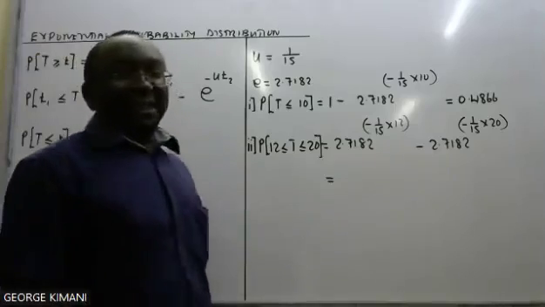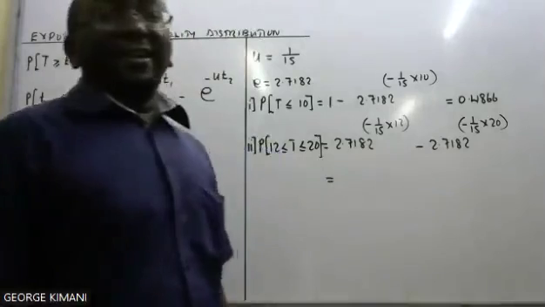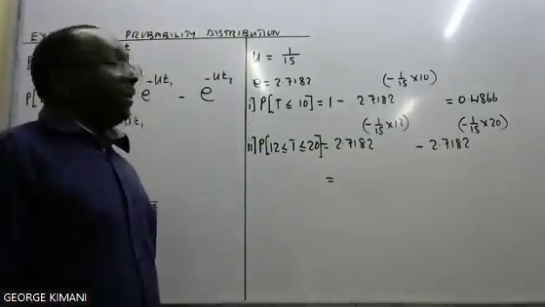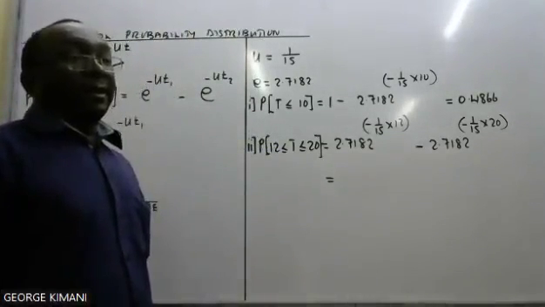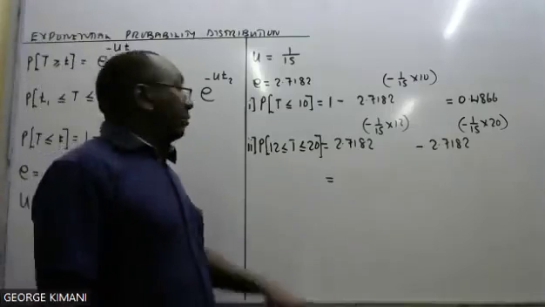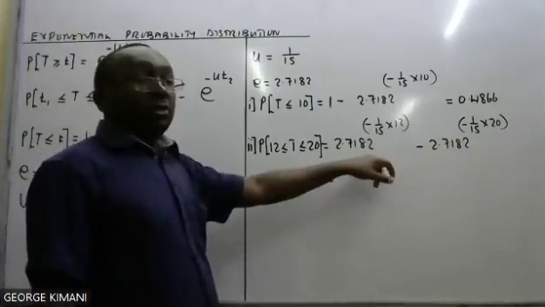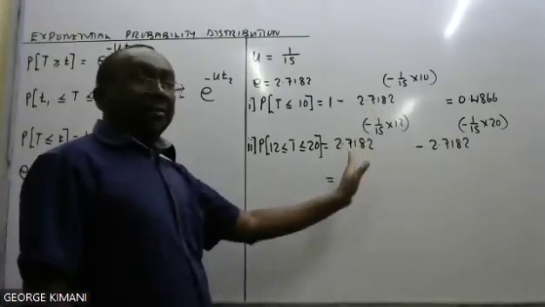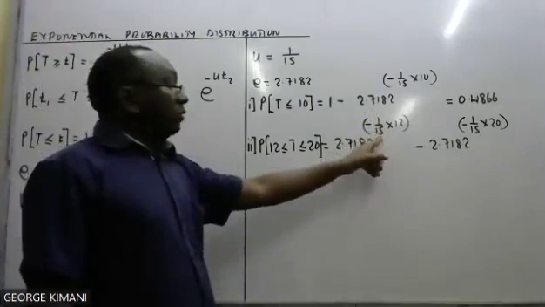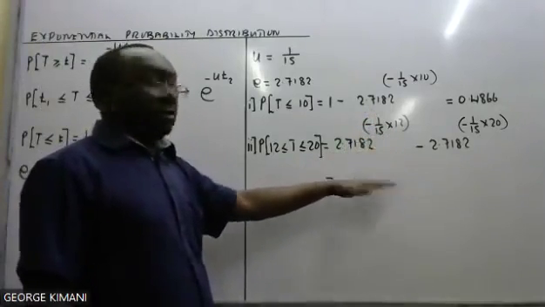But they can never be negative. Make sure you are opening the brackets. 2.7182 raised to open the brackets, minus 1 out of 15 times 10, close the brackets, equals.